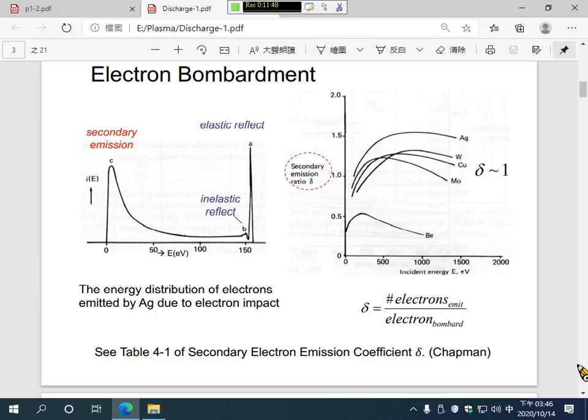Okay, this is by the XY scan circuit. So this is the fundamental hardware of a scanning electron microscope.